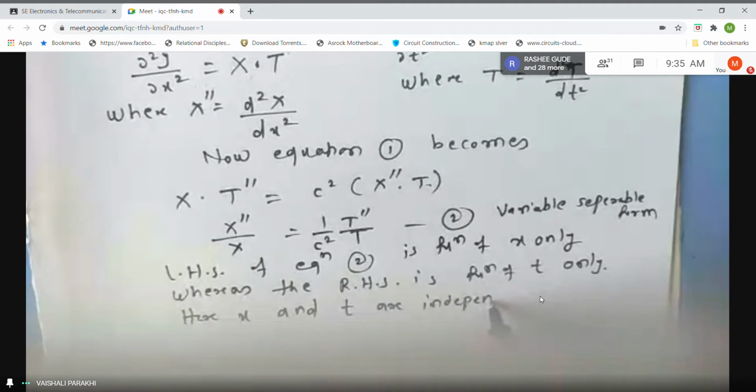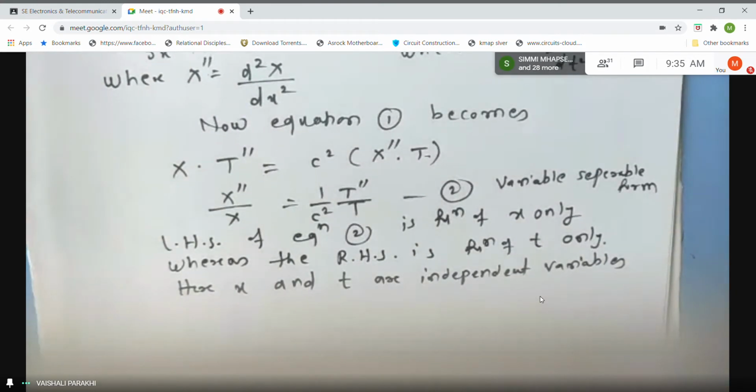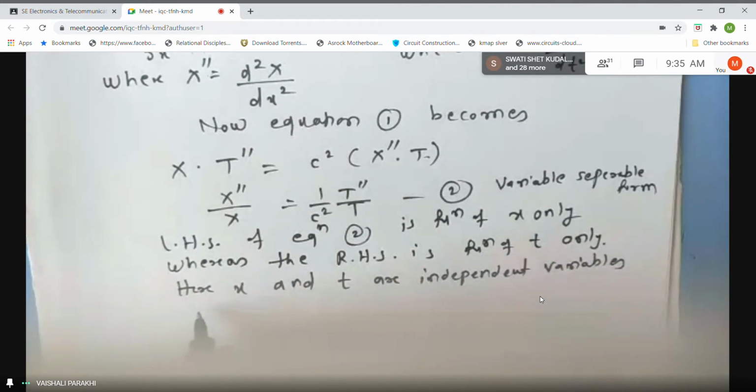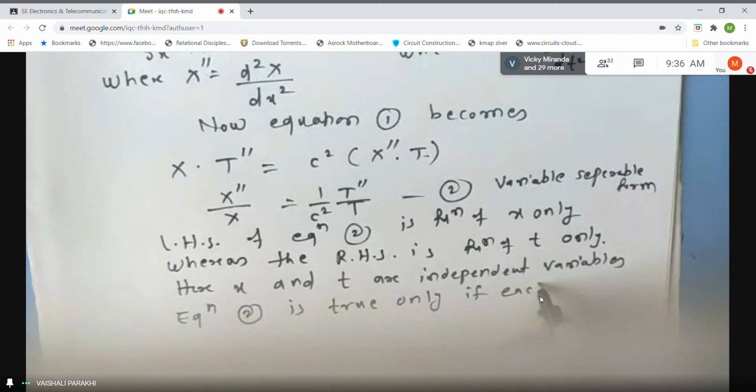Correct or no? Then this equation is true only when it is equal to some constant. So equation 2 is true only if each is equal to a constant.